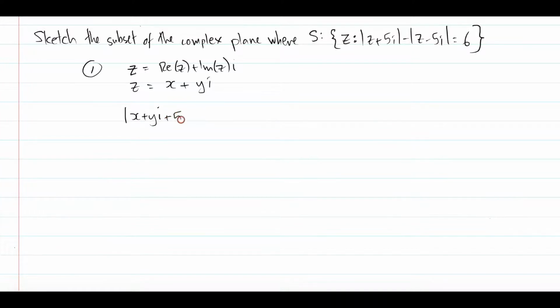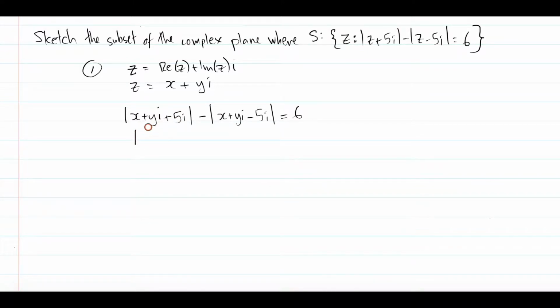We still have + 5i and then minus mod of x + yi. So it's always x + yi for every z value. Minus 5i, that comes over here, equals 6. Right, so that's our equation. Don't worry about the z over here. Don't worry about the S. That's just part of the formalities when you're writing these kinds of subsets on complex planes.